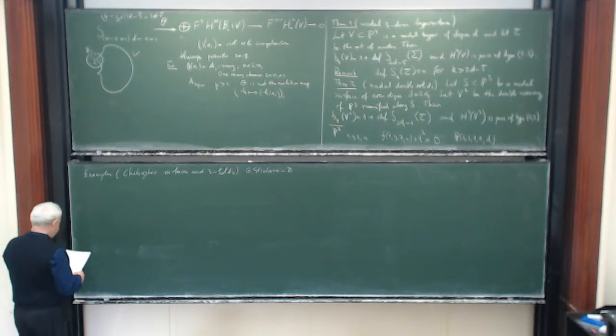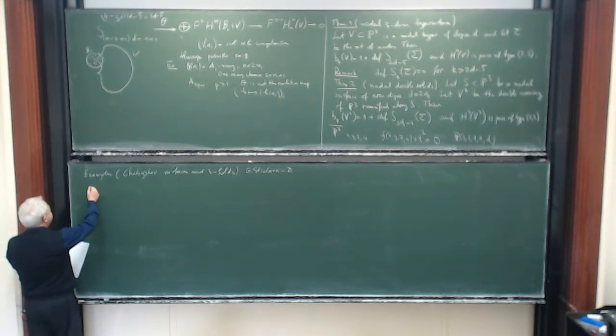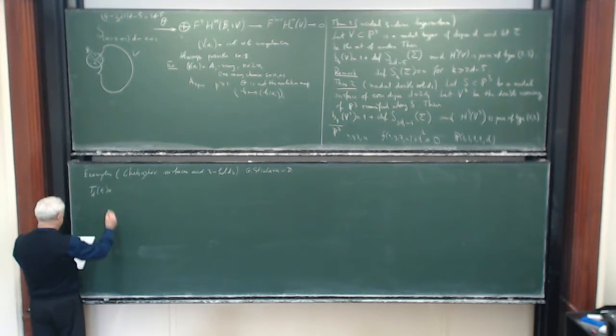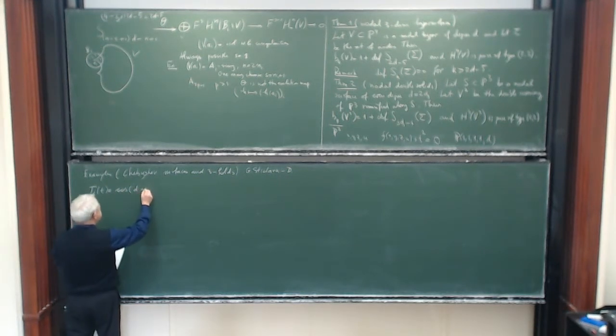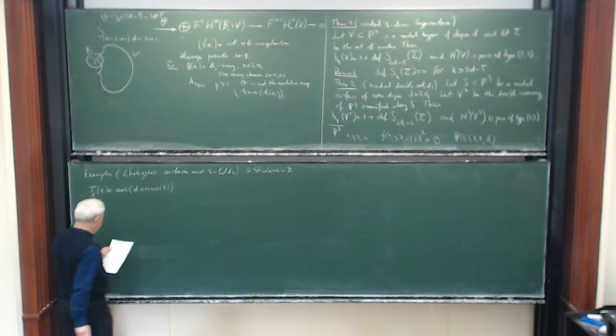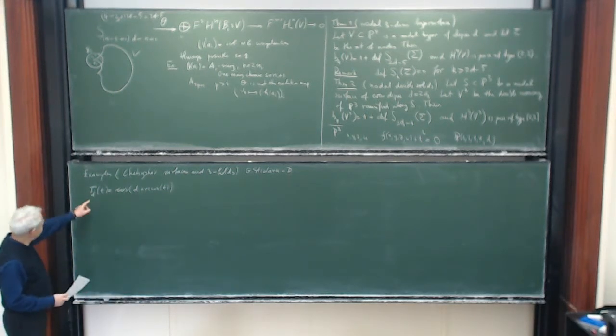Okay, so what is a classical Chebyshev polynomial? Everybody should know it, because it's an interesting polynomial. So what is the main property of this polynomial?